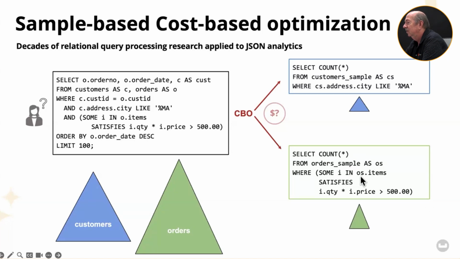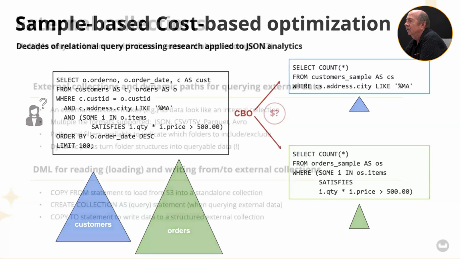So I'll just ask the sample how many items satisfy this expense predicate. Then it will know how many orders satisfy that predicate, and it can use that in the bigger picture to optimize the overall query. That's what's interesting and novel under the hood in terms of the Capella technology for cost-based query optimization.